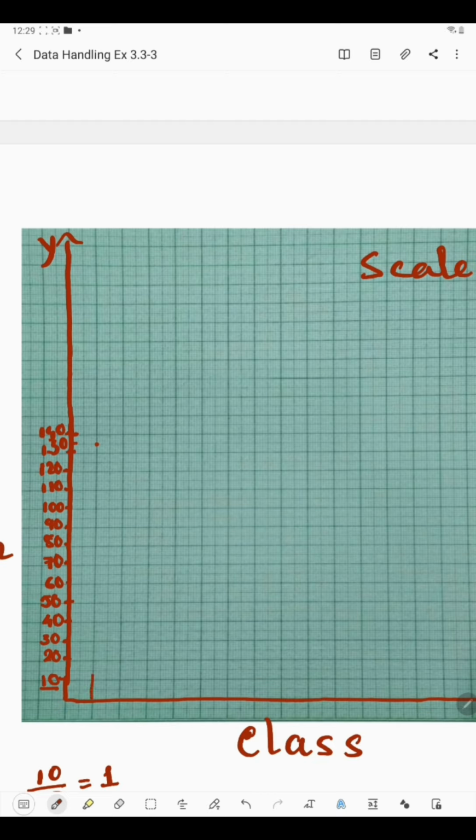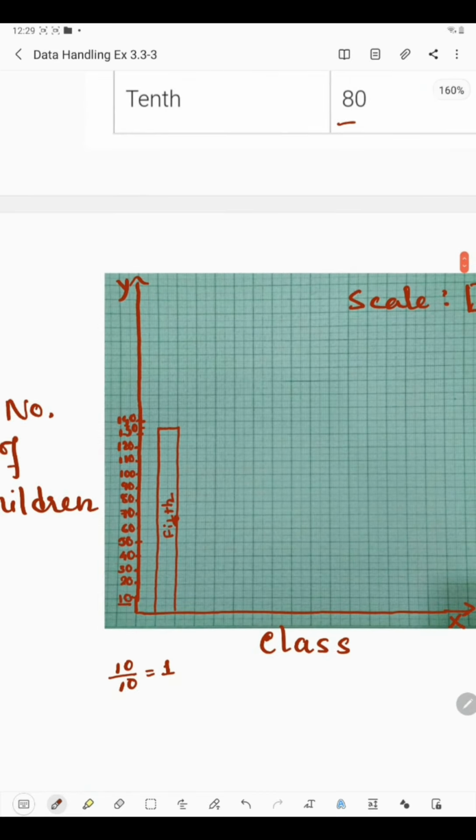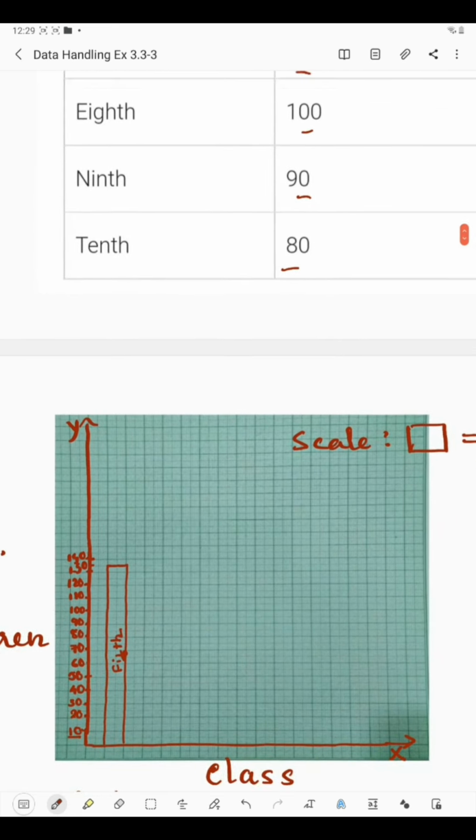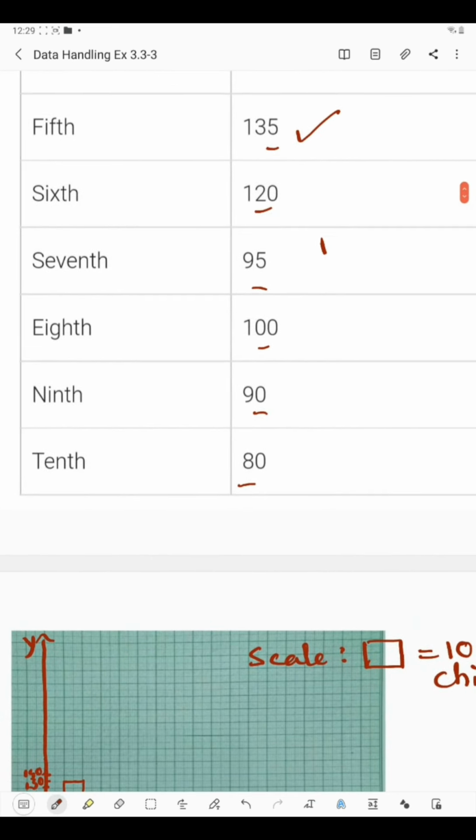So let's start. This bar represents the number of students in the 5th class, which is 135. After that we will leave 1 box and draw the bar of the second one.